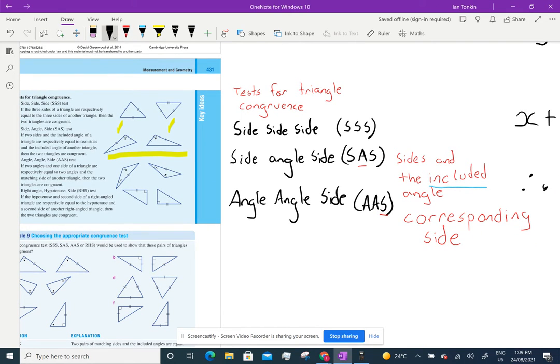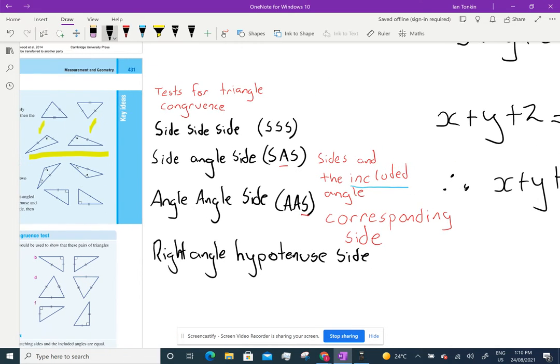The last one is just another version of side, side, side, because it's right angle, hypotenuse, and side.